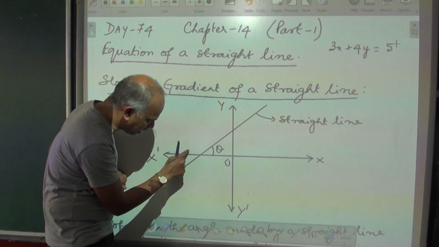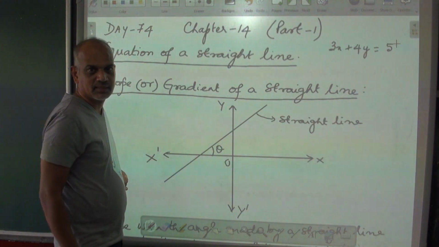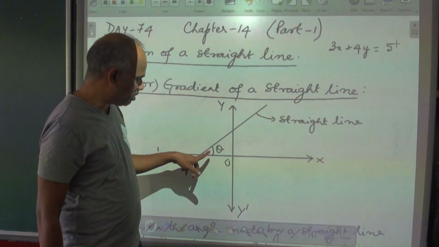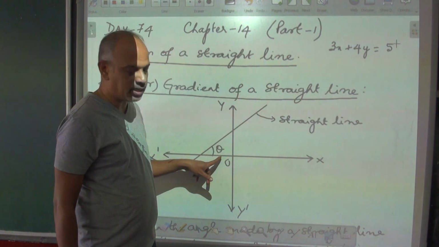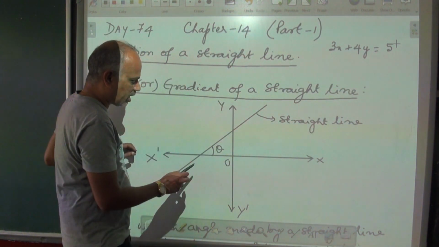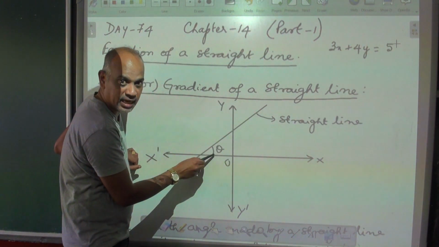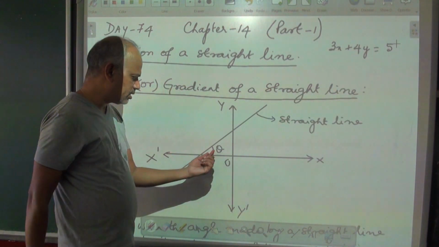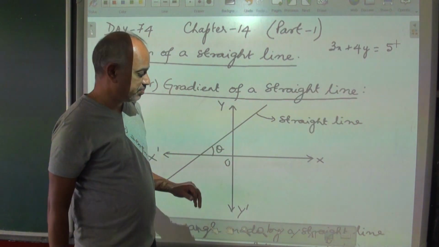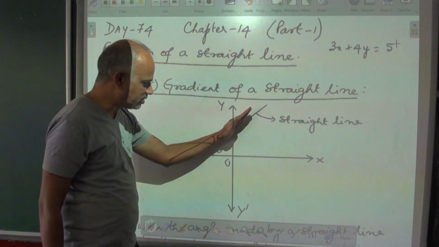This angle which is here is made on the negative direction of the x-axis. We don't need that. We only need the angle made by the line on the positive direction of the x-axis. So what I have done is, this is the straight line. The angle made on the positive direction I have considered as theta. Theta could be any number. So if this angle is known, then you can find the slope of this line.